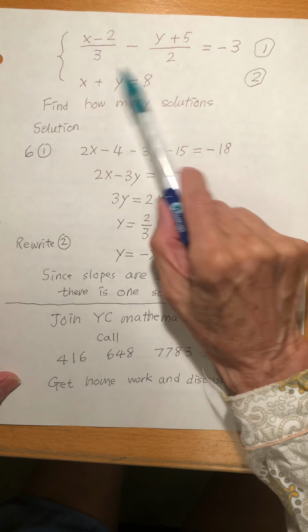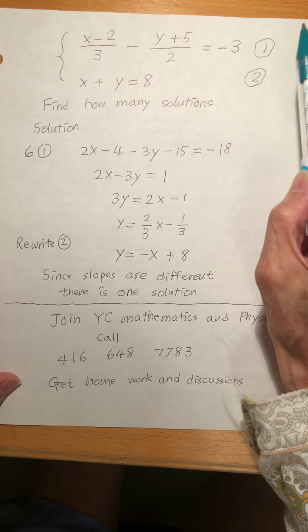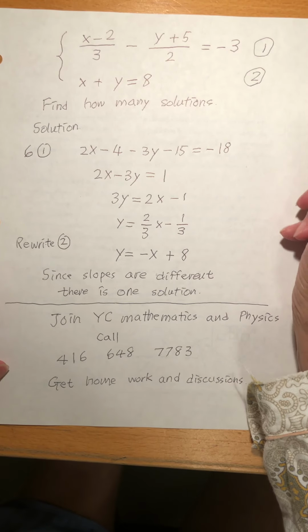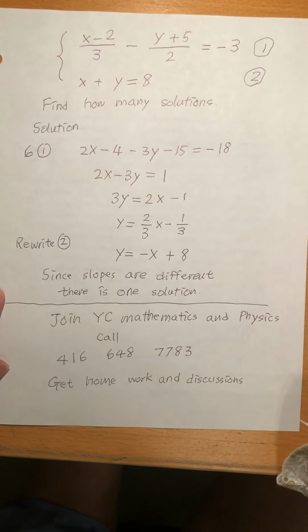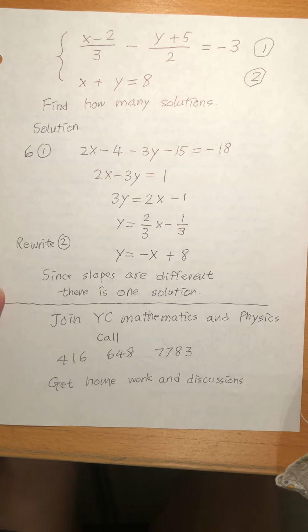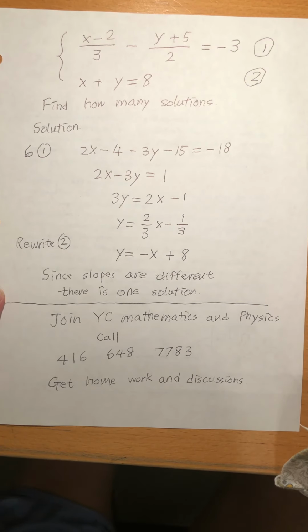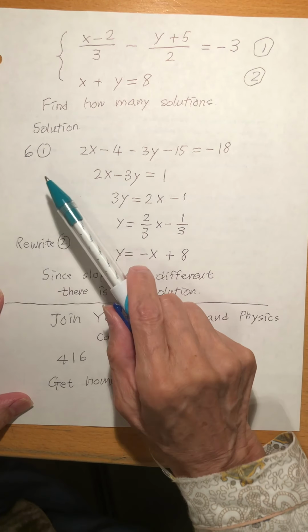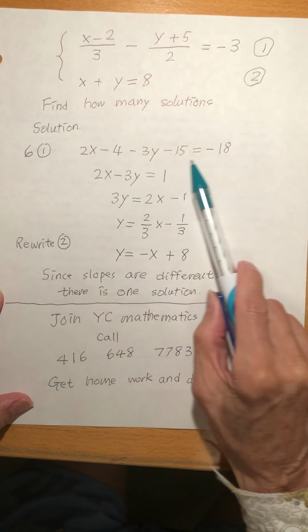I don't want the denominators there for equation 1. How do I get rid of the denominators? I multiply equation 1 by the common denominator, which is 6. So I get this.